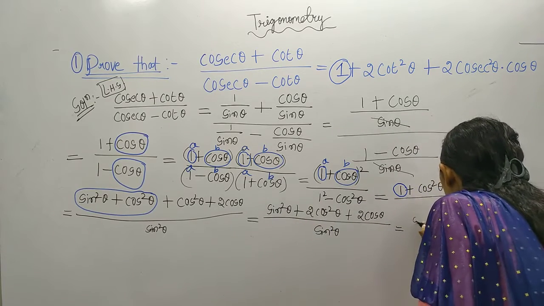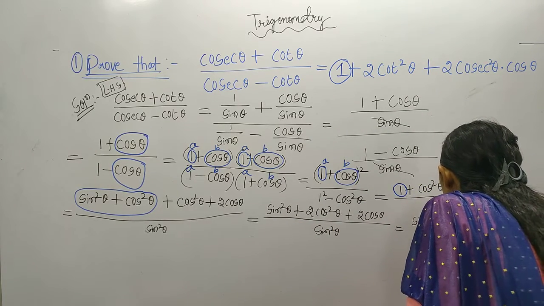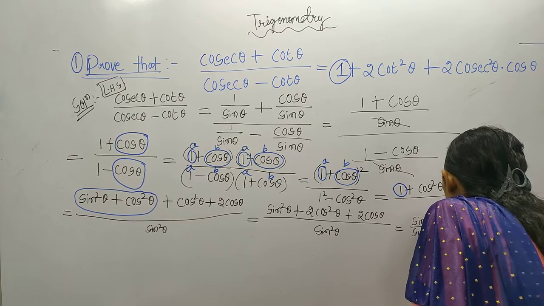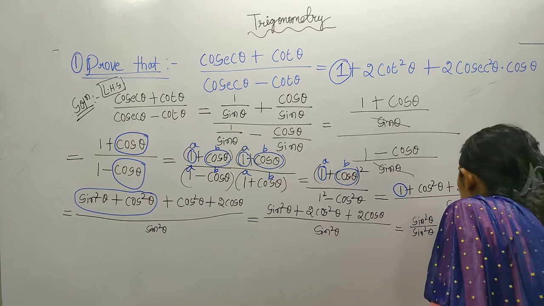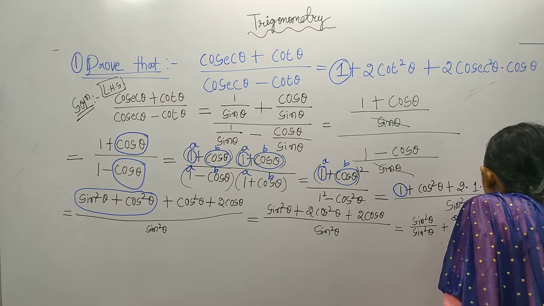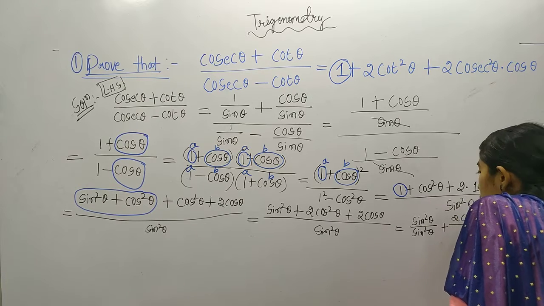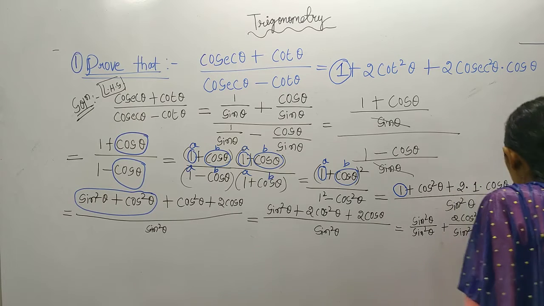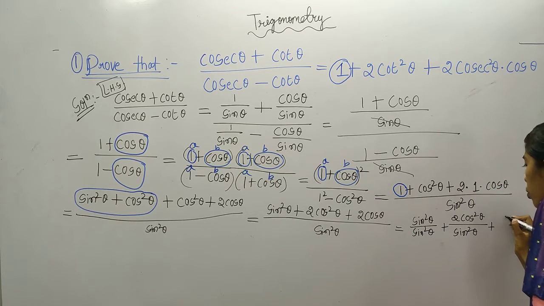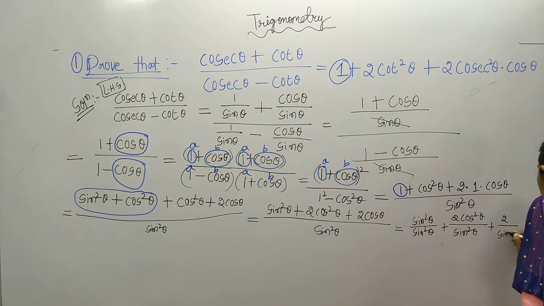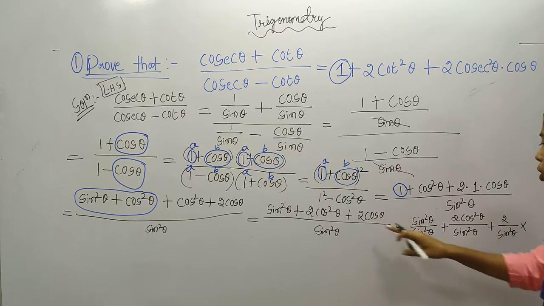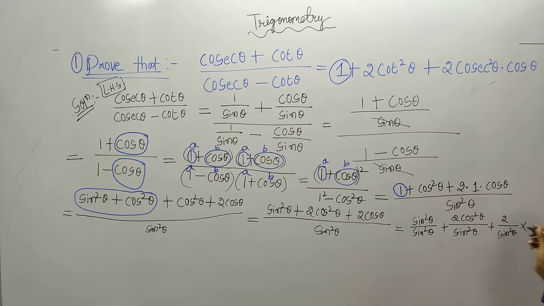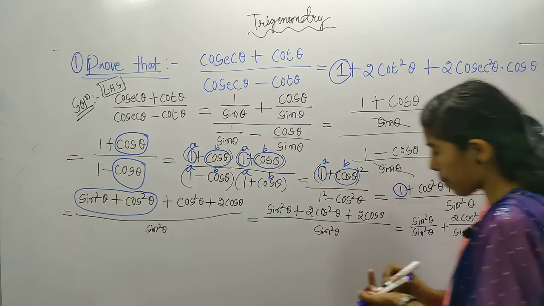First sin square theta divided by sin square theta plus 2 cos square theta divided by sin square theta plus 2 by sin square theta into 2 by sin square theta, then 2 cos theta by sin square theta.